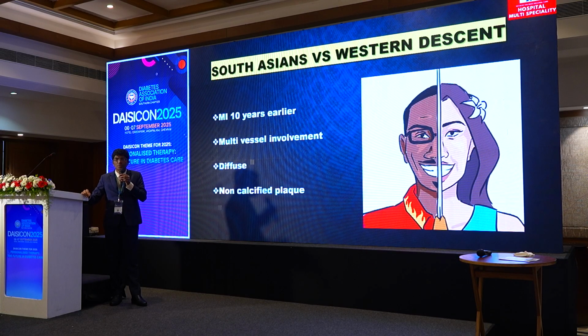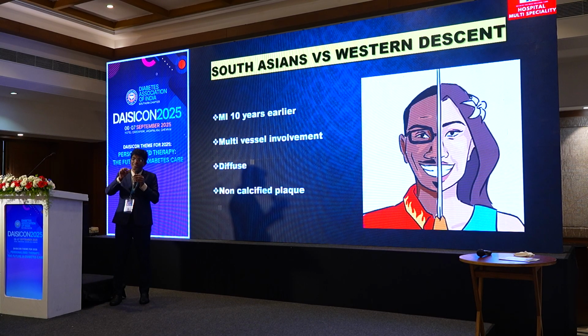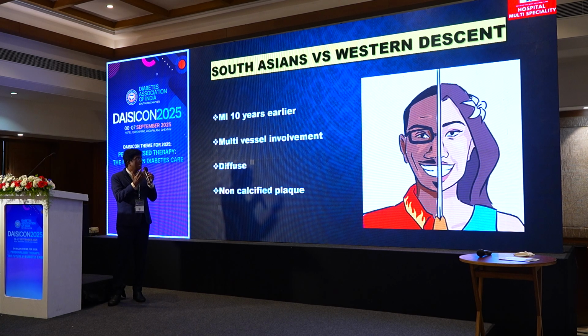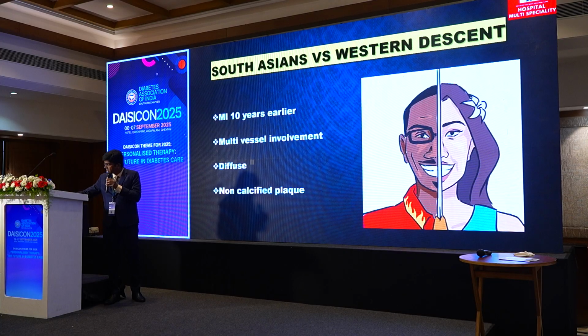Second, the involvement of coronary vessels is always multiple as compared to single in the Western population. And it is a non-calcified plaque, diffuse in origin. If it is calcified plaque, the chances of rupture would be less. When you have non-calcified plaque, the rupture would be more. This is the way our South Indians really differ from the Western.